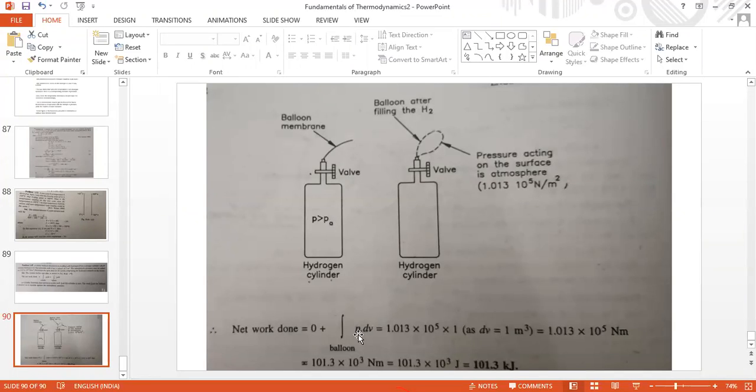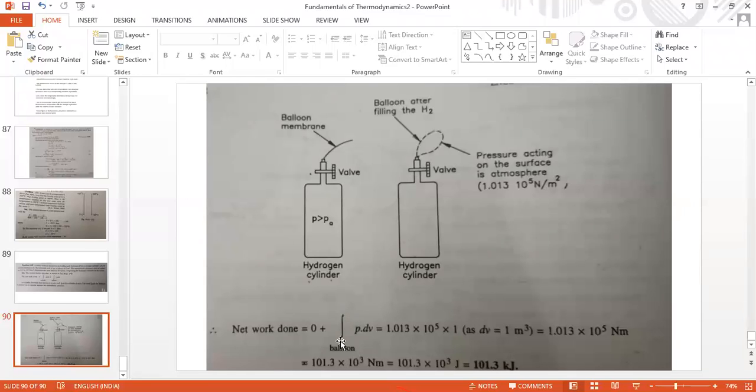And for the balloon, how will you calculate? Here, the balloon expands against the outside constant atmospheric pressure. So pressure can be kept outside the integration, and integral dV from initial volume to final volume. Initial volume is 0, that is flat, and final volume is 1. Atmospheric pressure is 1.013 into 10 power 5, as given, multiplied by 1 minus 0.